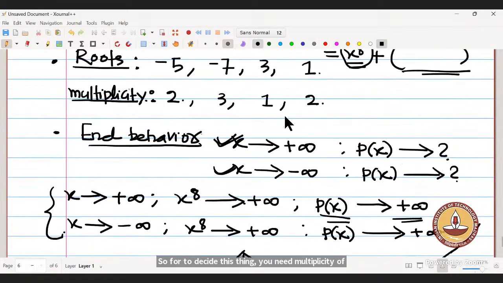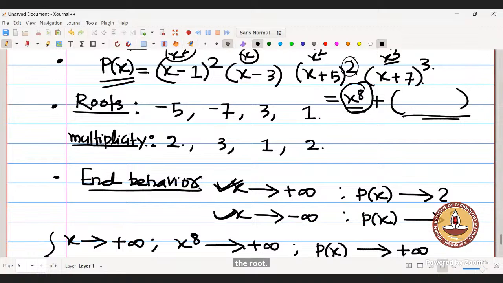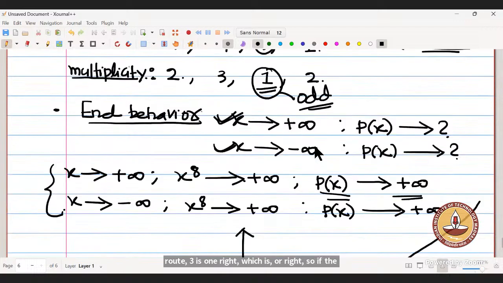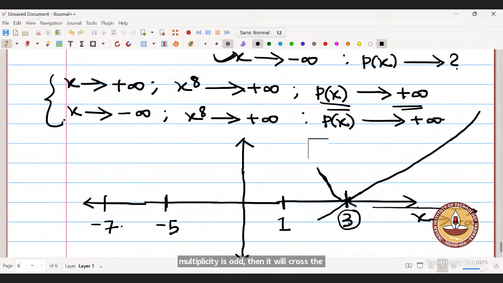If you go back and see, the multiplicity of this root 3 is 1, which is odd. If the multiplicity is odd, then it will cross the x-axis. So it will cross this point, and again it will come back to 1.